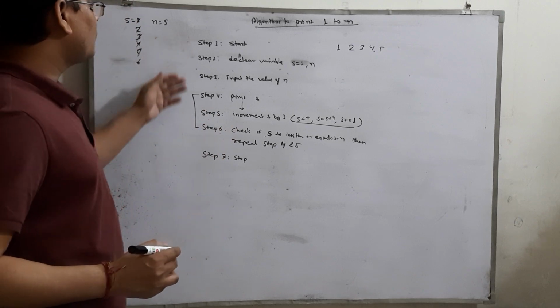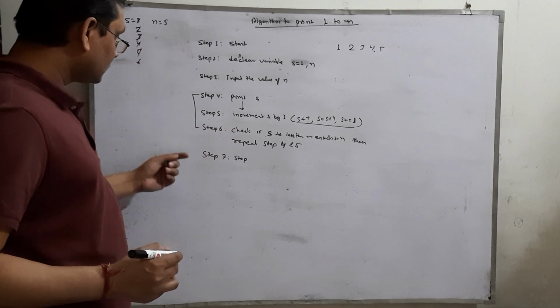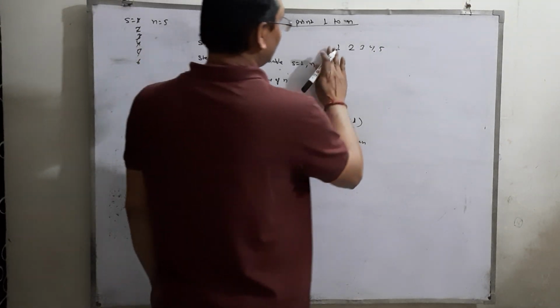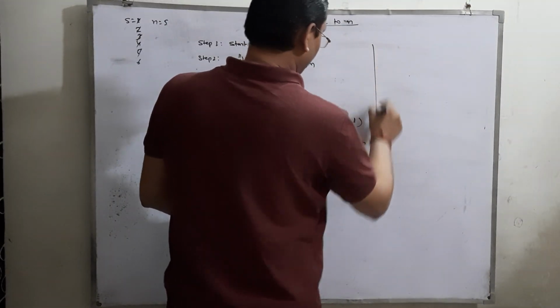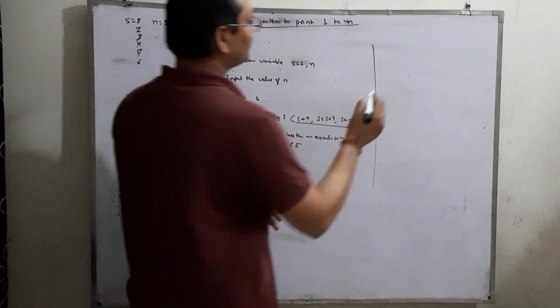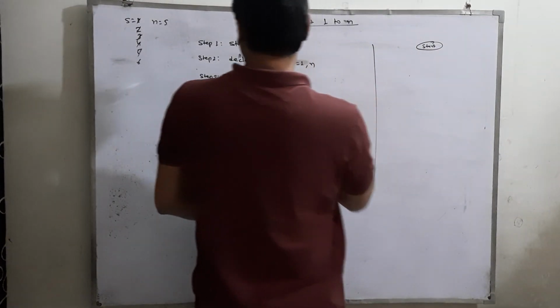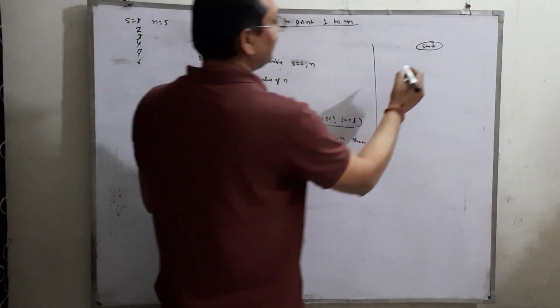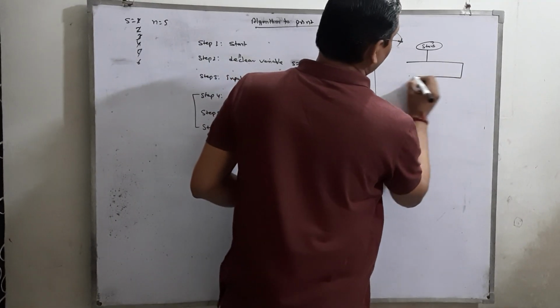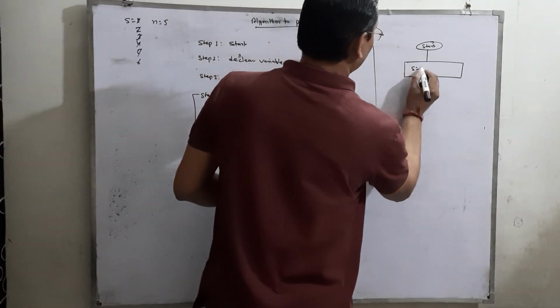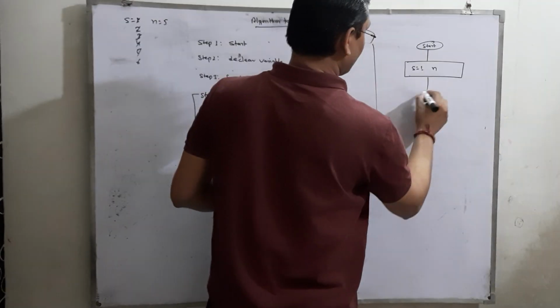This is how we can print 1 to n. Now, the flowchart for this one. Start. Step 1, start. Declare variables, as we have already studied. Declare variables means s is equal to 1, n.